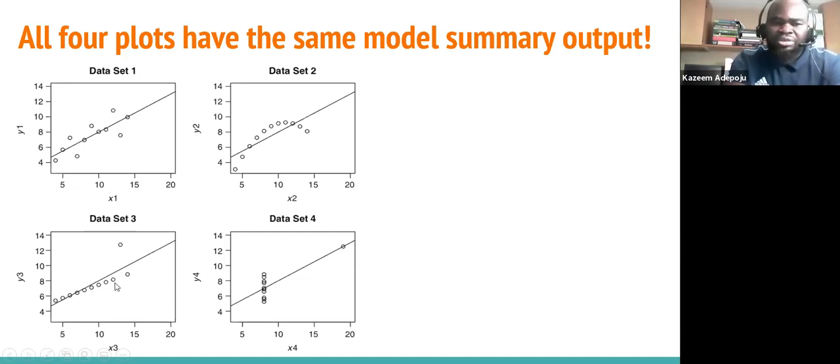some of them are on a straight line, but there's an issue right here. If you look at this data point, it's far from the others, and it looks like an unusual data point.